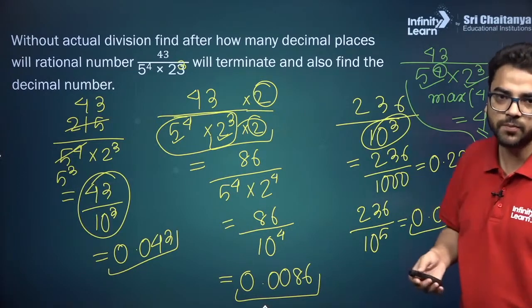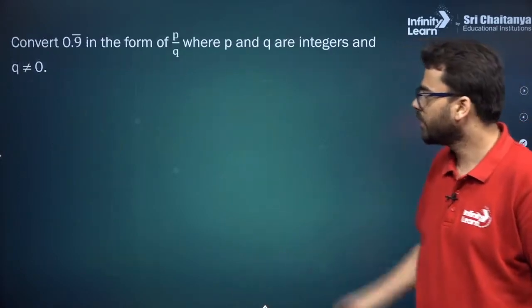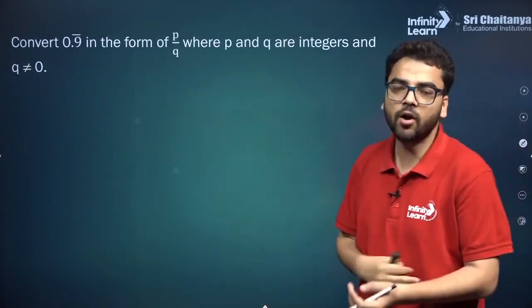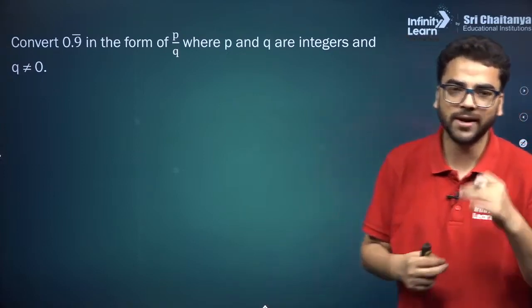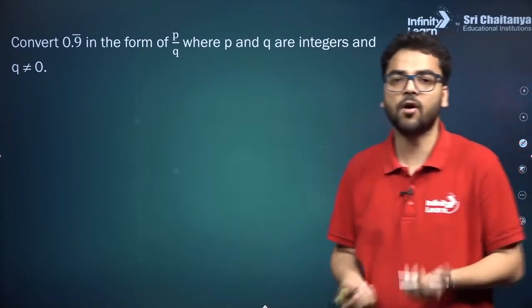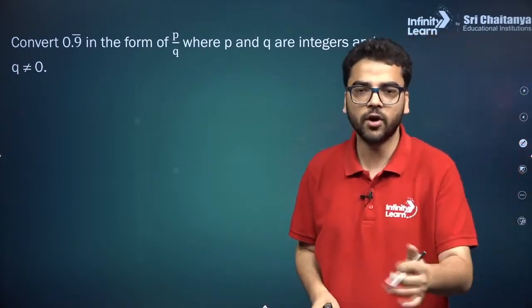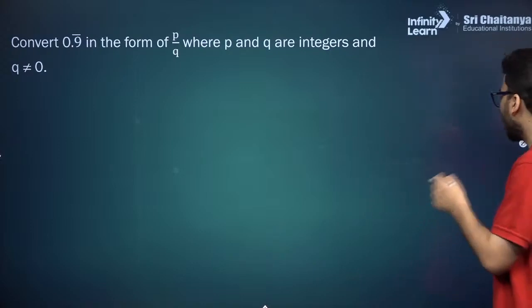Okay. So, let us move on to the next thing over here. Now, we want to learn how to convert a repeating decimal representation into the form of a ratio of 2 integers. You must have already studied that in school.